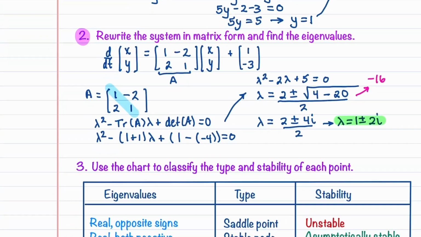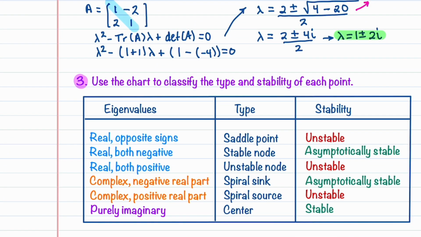Let's now classify this. That's down here in step 3. We're going to look at our chart and find the type and stability of our critical point. And I'll just remind us that our critical point is the point (1, 1). Up here on the right, our eigenvalue is complex. And notice that the real part of lambda is equal to 1, and that's greater than 0. So we have a positive real part.